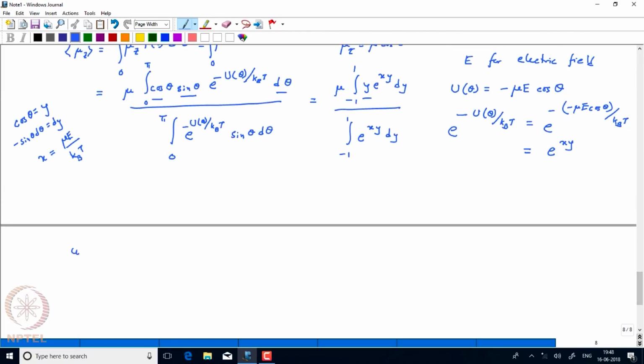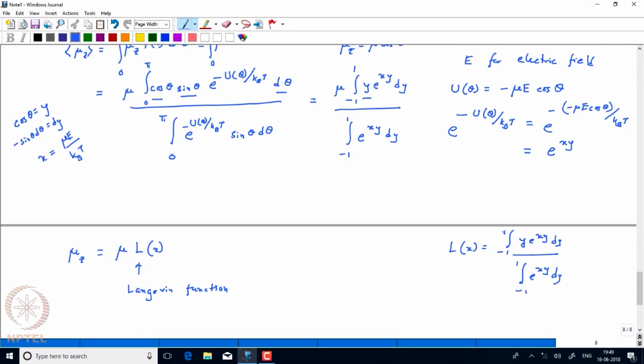Then we can integrate this function, but we'll not integrate it as such. We just write it as mu z, which is nothing but mu times something known as the Langevin function. The Langevin function is defined as L of x equals the integral of y e to the power xy dy divided by the integral of e to the power xy dy, with limits minus 1 to 1.